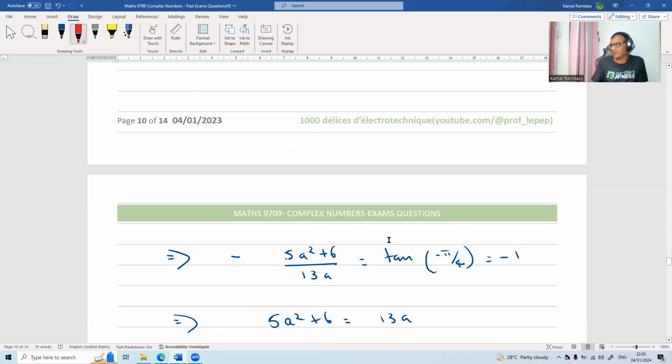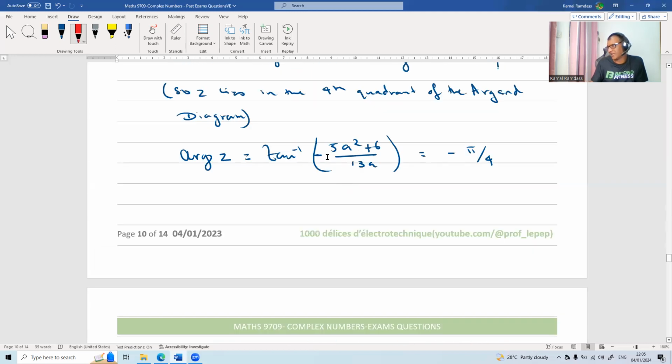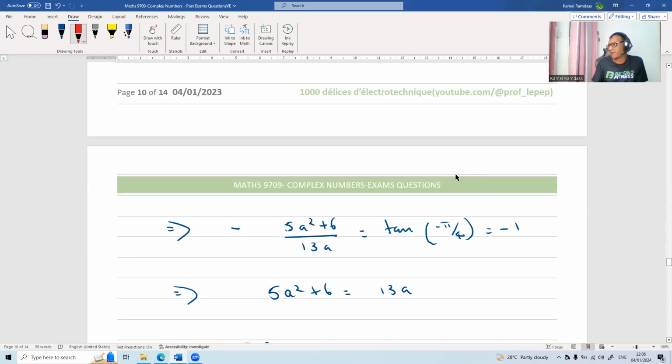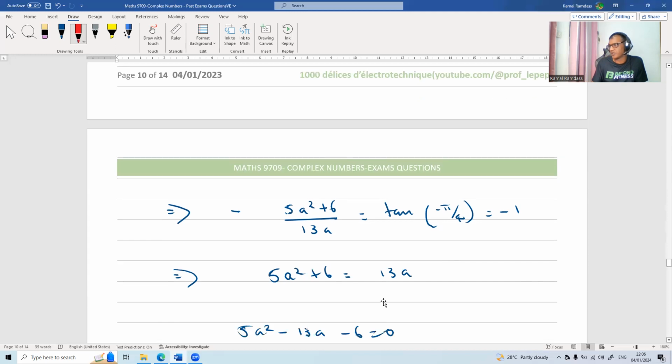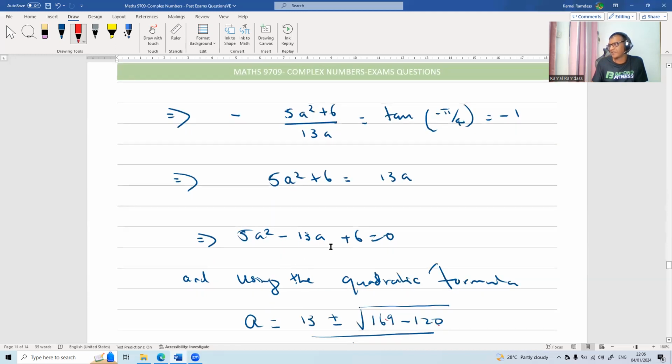Eliminating tan inverse, minus 5a squared plus 6 divided by 13a is equal to tan of minus pi by 4, which is minus 1. Eliminating the minus, 5a squared plus 6 is equal to 13a, so 5a squared minus 13a plus 6 is equal to 0.